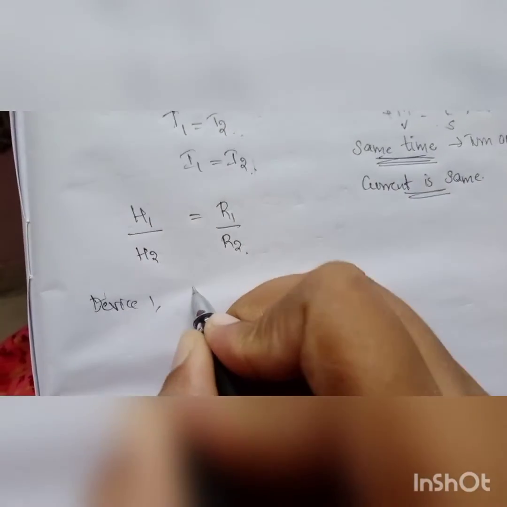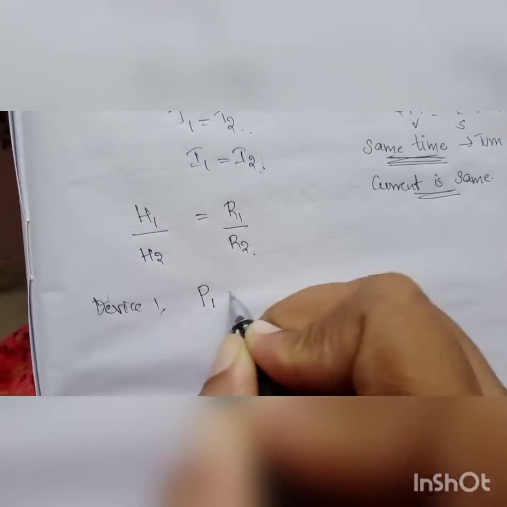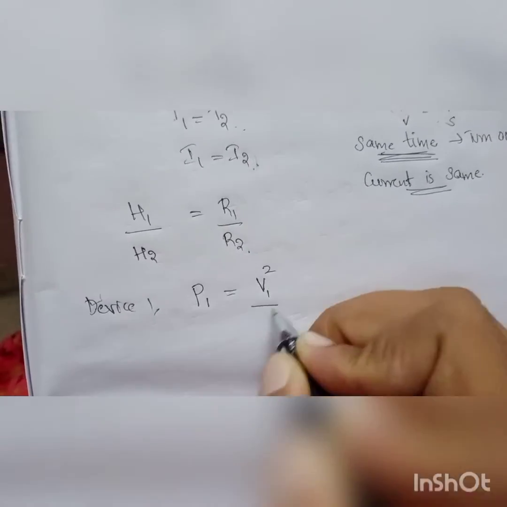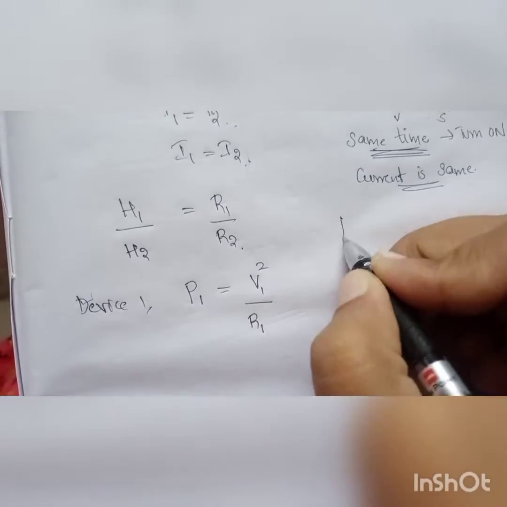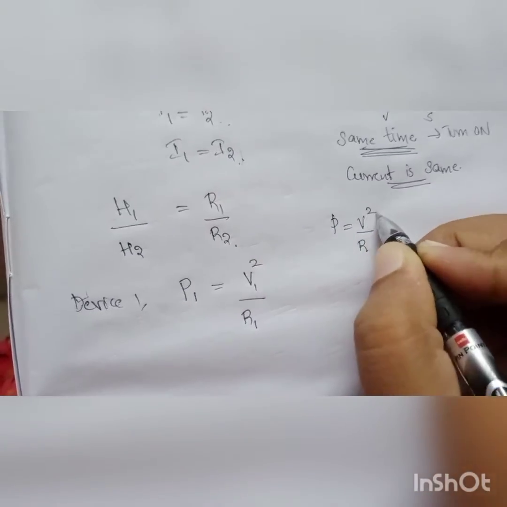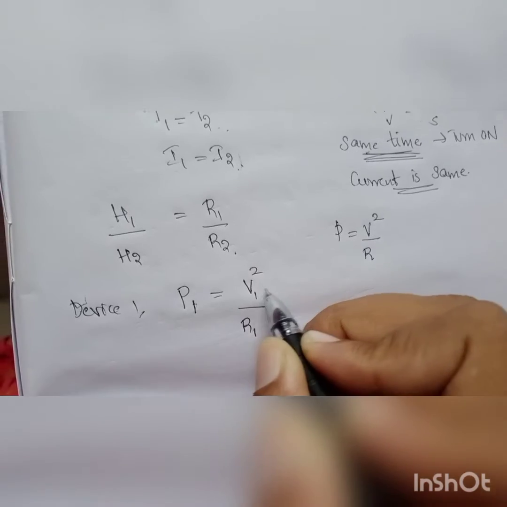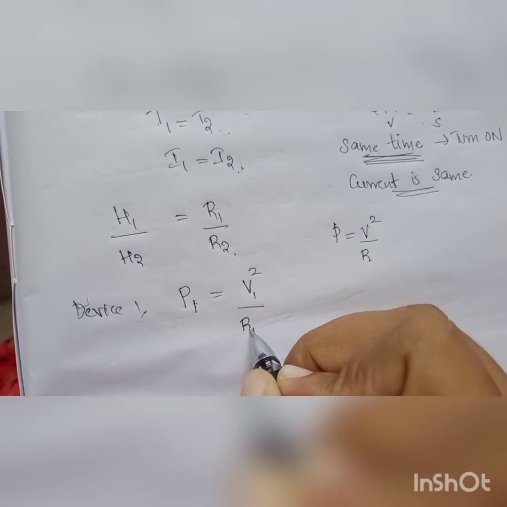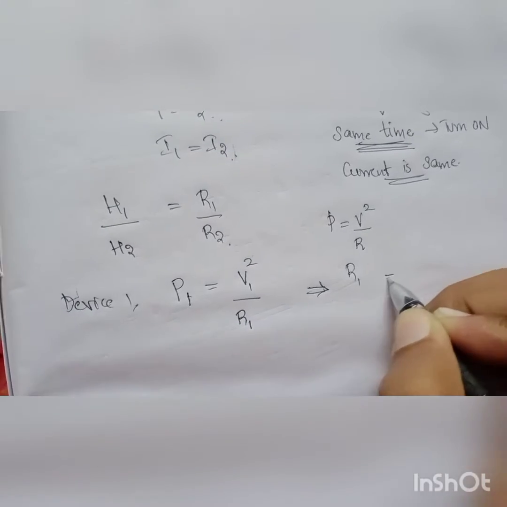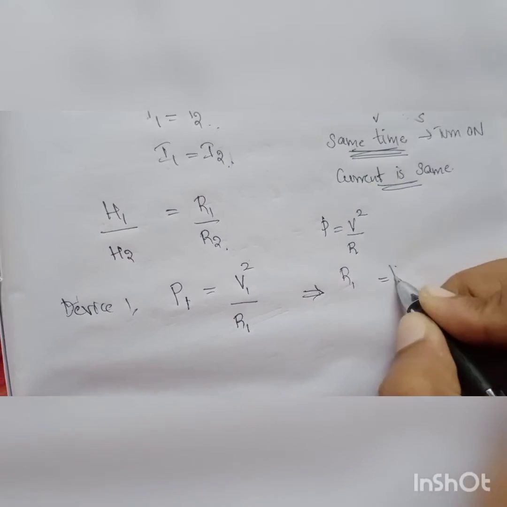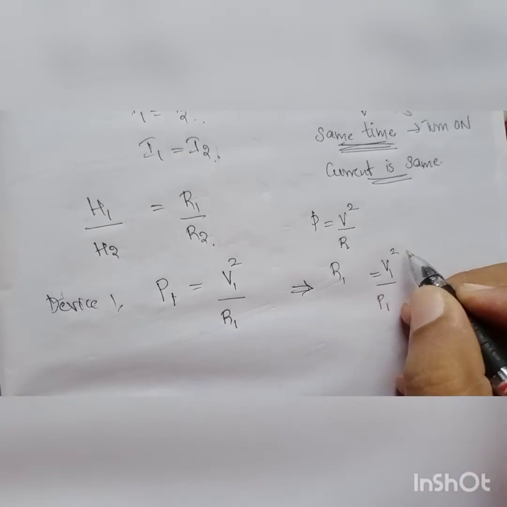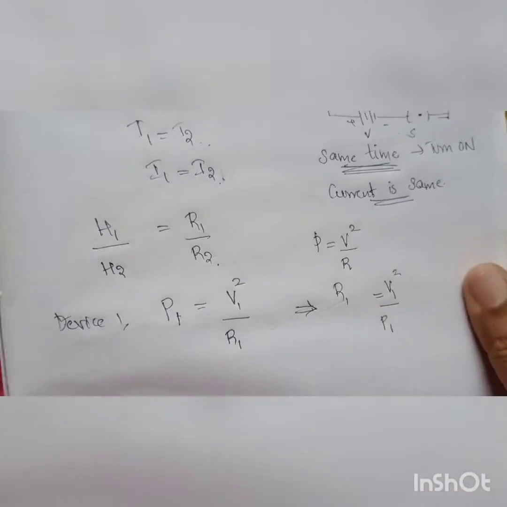We know the equation for power: P is equal to V square by R. Since I'm considering the first device, I can write V1 square by R1, or from this equation I can write R1 is equal to V1 square by P1.